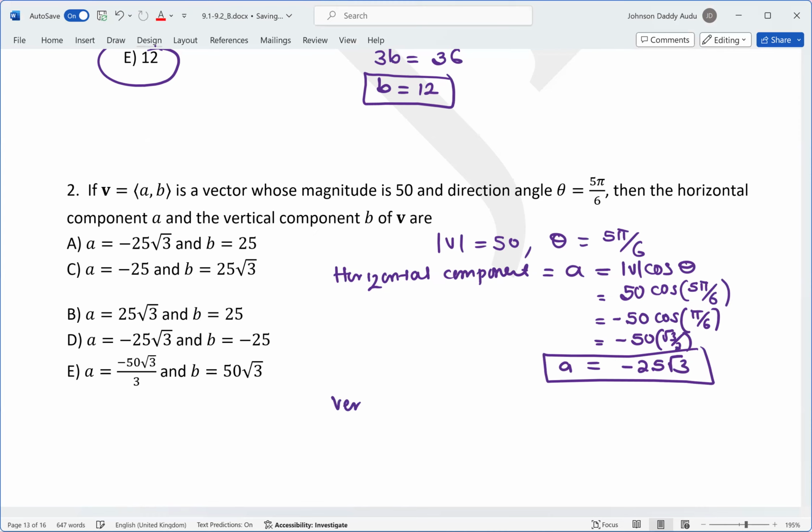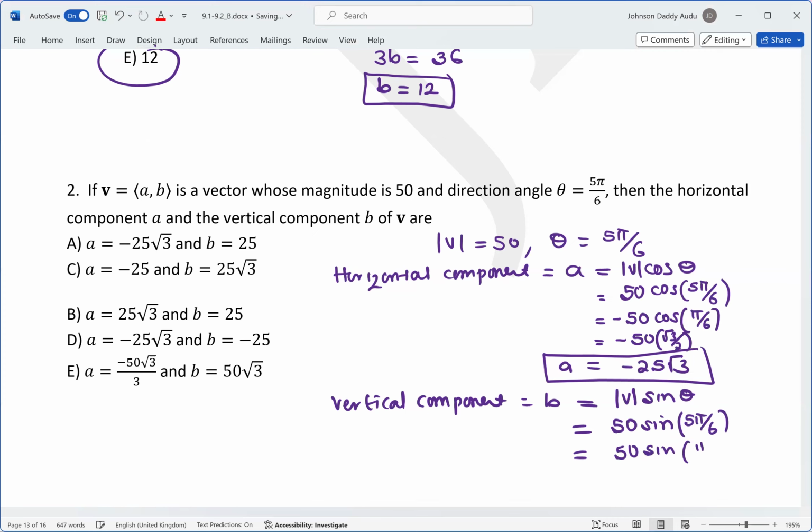Then the vertical component, which is B, is going to be the magnitude of V still, but times sine of theta. And this is nothing but 50 sine of 5 pi over 6, which is in the second quadrant. So this would be 50 sine pi over 6.